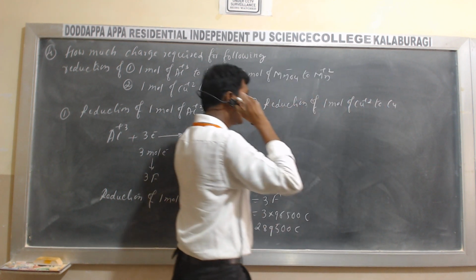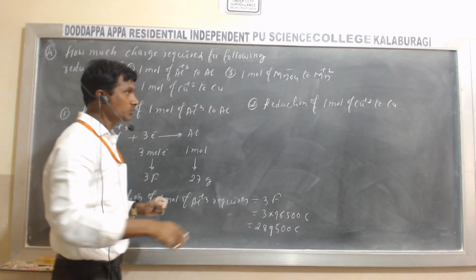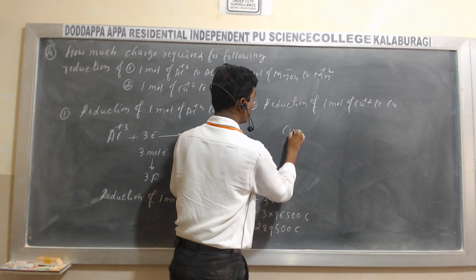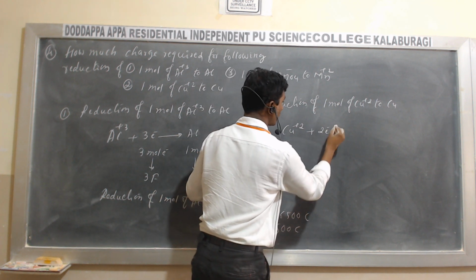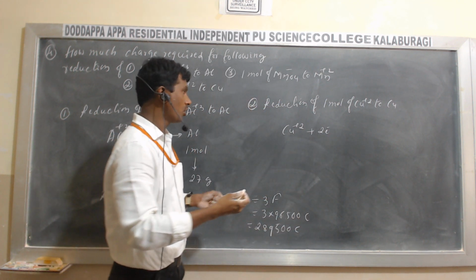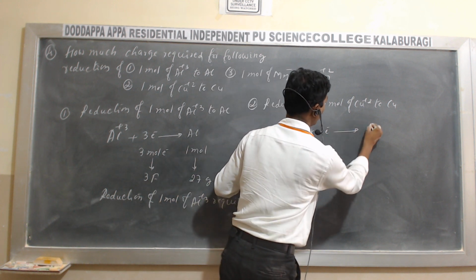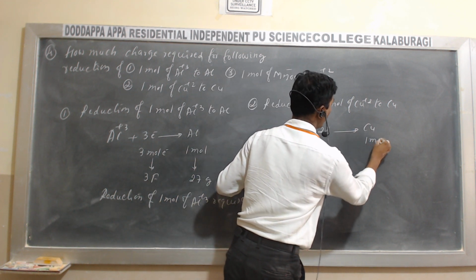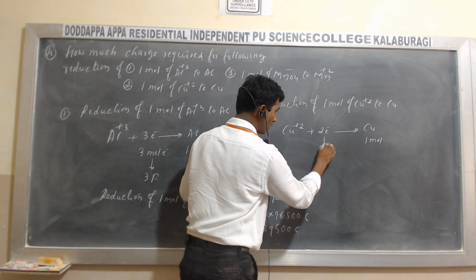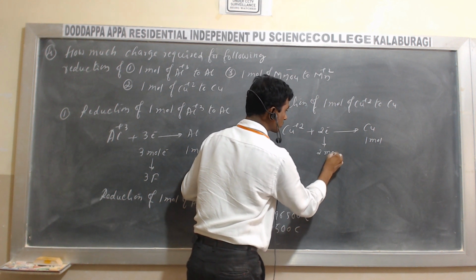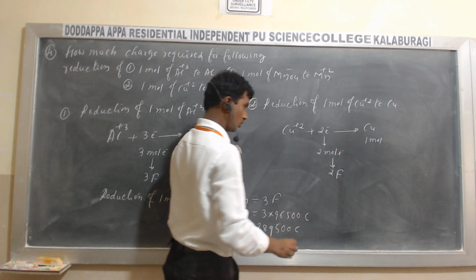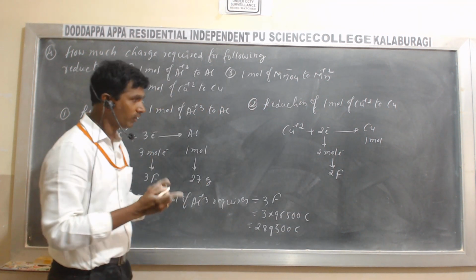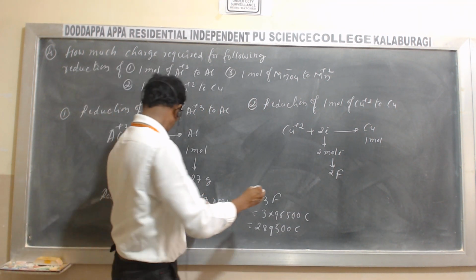I can take the reaction of copper 2+, by adding 2 moles of electrons, the reduction of Cu2+, we can get 1 mole of copper. So 2 moles of electrons are required. 1 mole of electrons is equal to 1 Faraday, so 2 moles of electrons equal 2 Faraday.